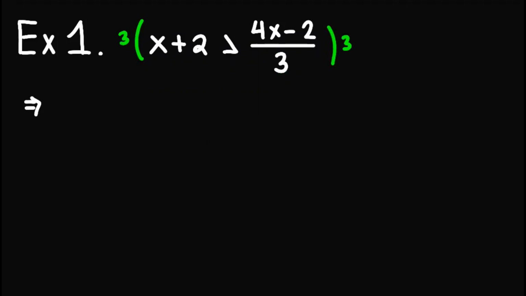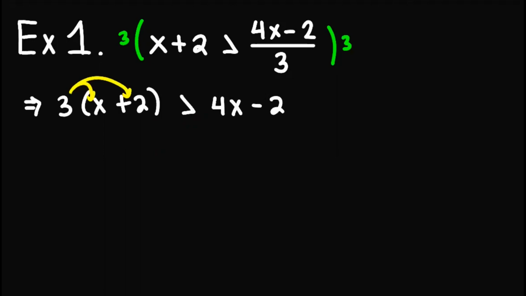So we'll obtain 3 times (x plus 2) is greater than 4x minus 2. And then from here, we simply distribute the 3 to obtain 3x plus 6 is greater than 4x minus 2.